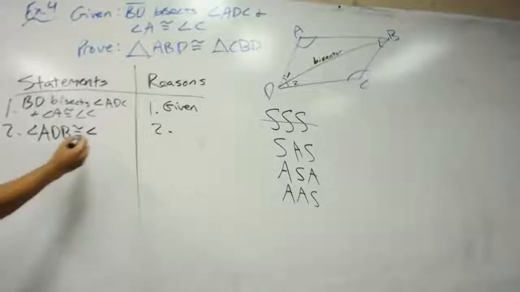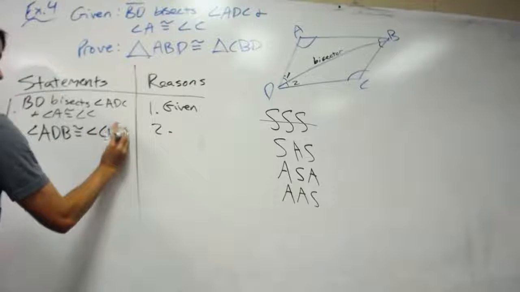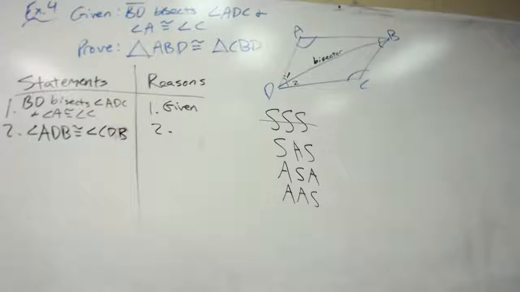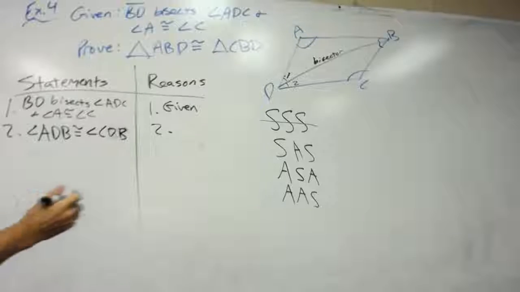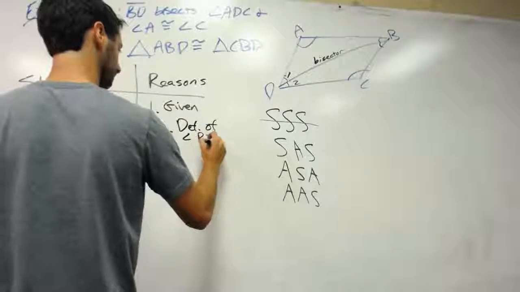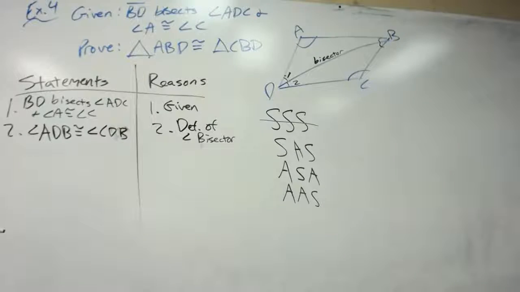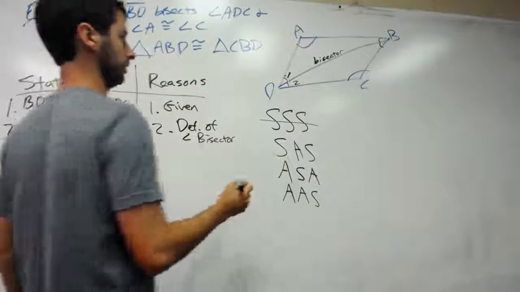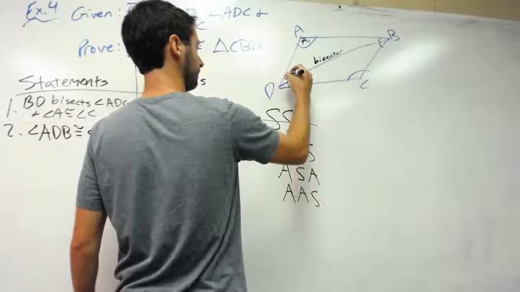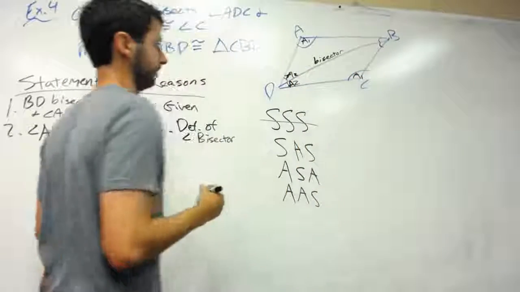Angle CDB is congruent to ADB because of the definition of an angle bisector. Remember, when they bisect, they cut in half. And so now we know that 2 angles are congruent. Call that angle 1, angle 2 on both sides.